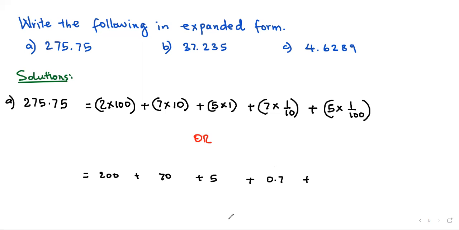Plus 0.05. Now, this one is the same as this one. It's up to you. If I say to write in expanded form, you can show this one or you can show this one. It has no problem. Both of them are correct. Both of them can show the value of each digit. Is that okay?